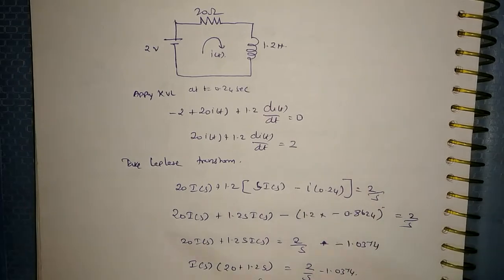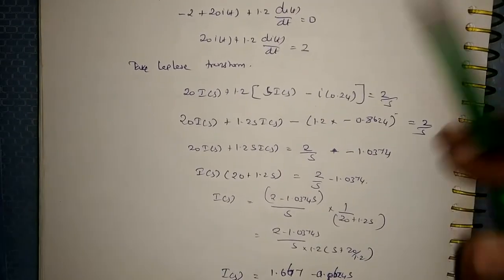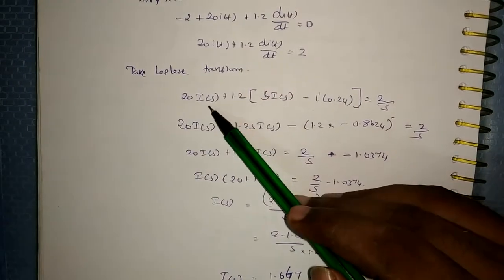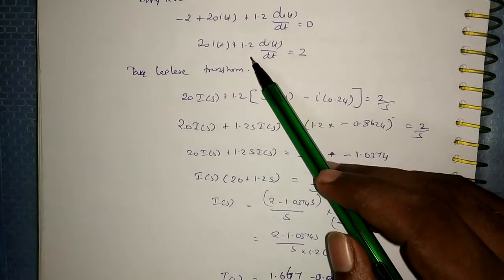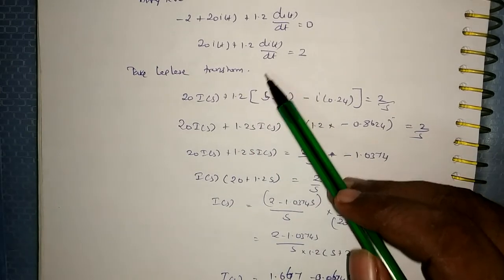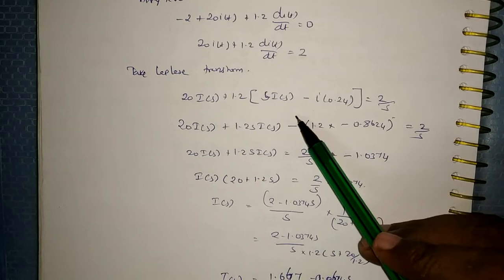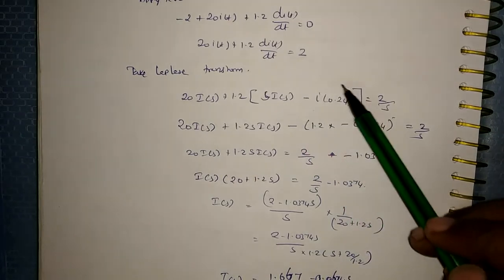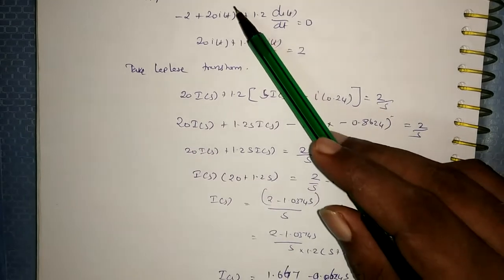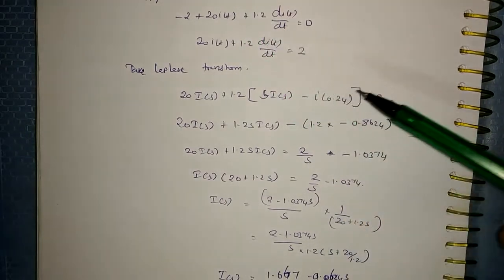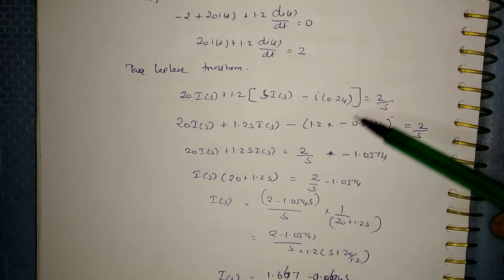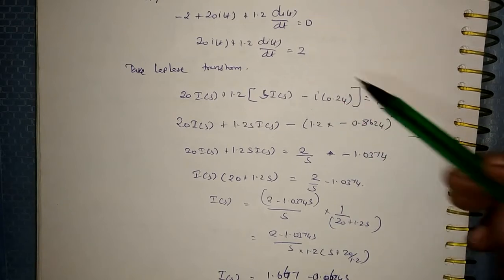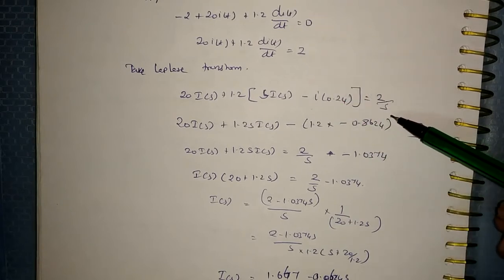I can take it to the other side. So take the Laplace transform. I of t can be written as I of s. 1.2 dI of t by dt can be written as 1.2 multiplied by s I of s minus I of 0.24. Why have I written 0.24 here? Because the switching happened at 0.24 seconds, so I need to know the initial current at 0.24 seconds. 2 can be written as 2 by s.